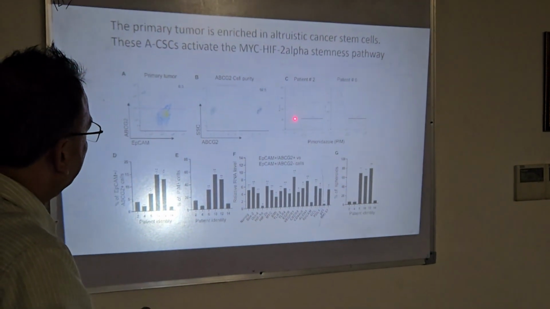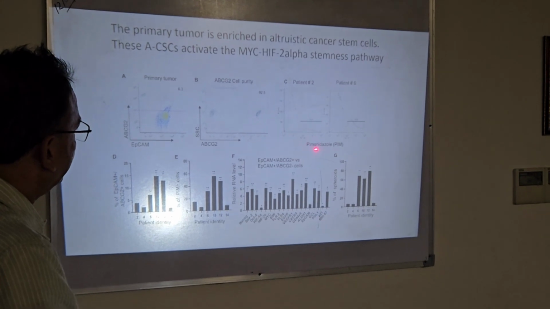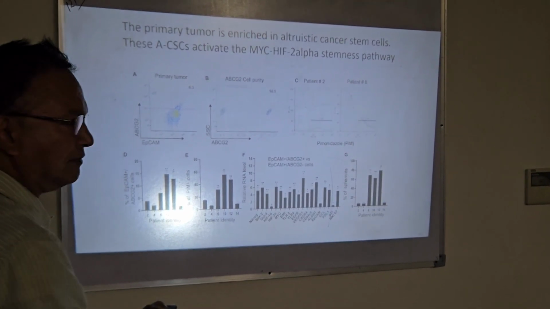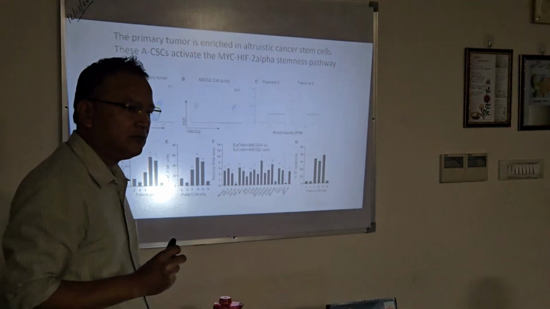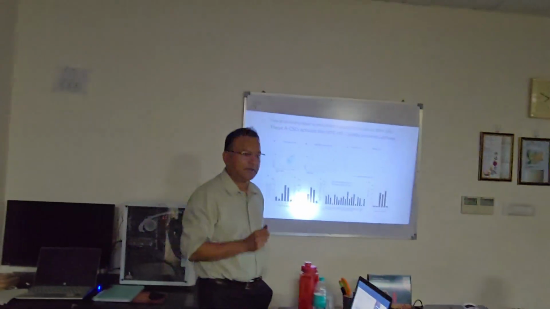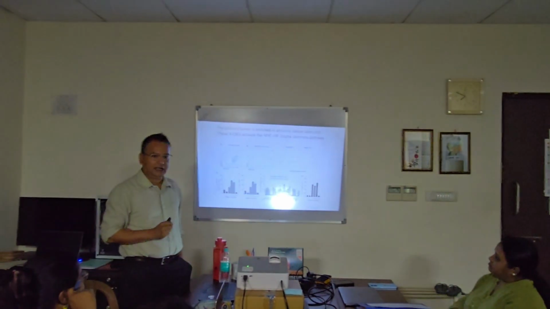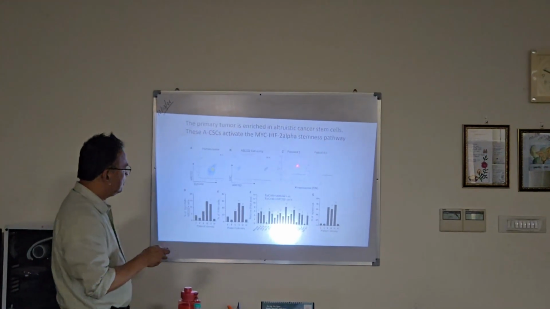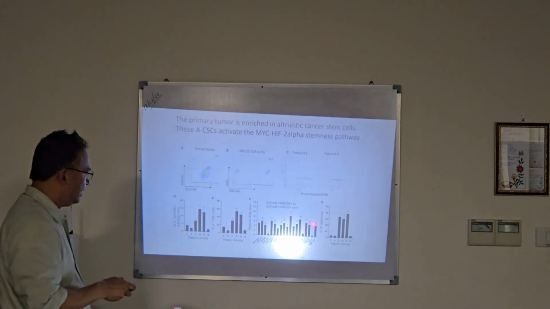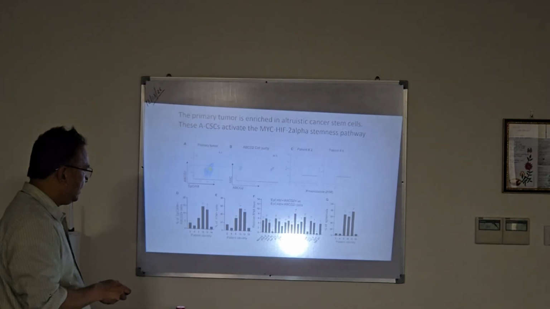When we do the flow cytometry analysis for pimonidazole, those are pimonidazole positive, suggesting that in the primary tumor we can isolate hypoxic cancer stem cells expressing FCAM and ABCG, and these cells also express the altruistic stemness phenotype.